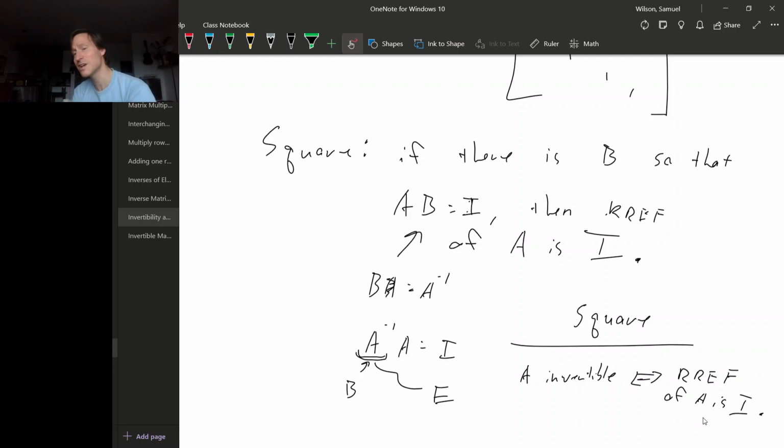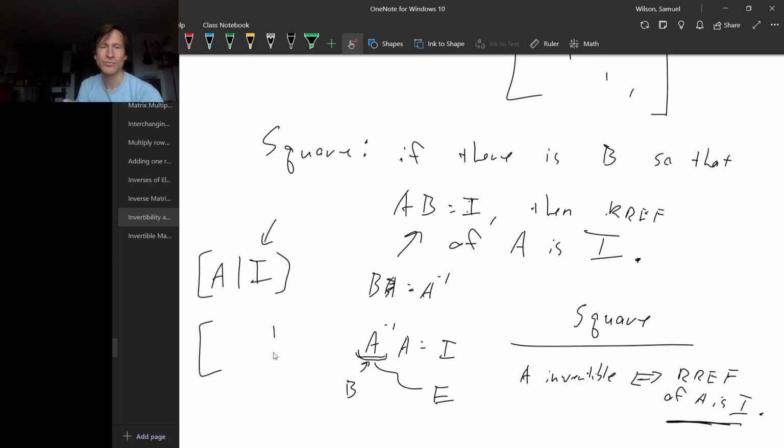So this is a different characterization of when a matrix is invertible. A matrix is invertible exactly when its reduced row echelon form is the identity. We sort of suspected that before because we thought, well, when you are finding an inverse by row reducing this matrix, if you can't reduce this left-hand side to the identity, then there is no inverse matrix. We sort of suspected that before, but we didn't know it for sure. Now we know for sure.